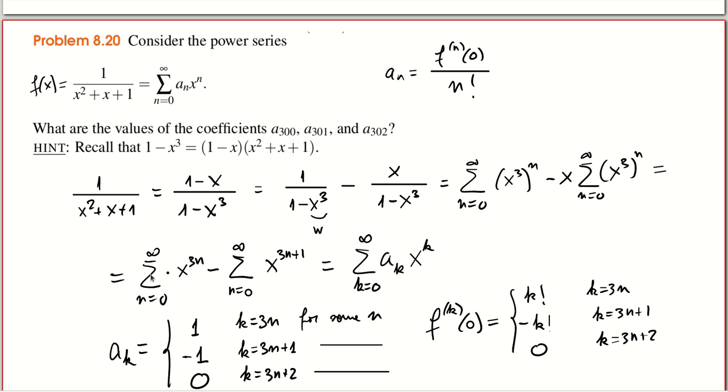What you end up with tells you that only powers which are multiples of 3 or multiples of 3 plus 1 are non-zero. And if you group them in a single expression like this, then these coefficients are just 1, -1, or 0, depending on whether the exponent is of the form 3n, 3n + 1, or 3n + 2. So that's it. And that way it's very easy to calculate these three coefficients that appear here.